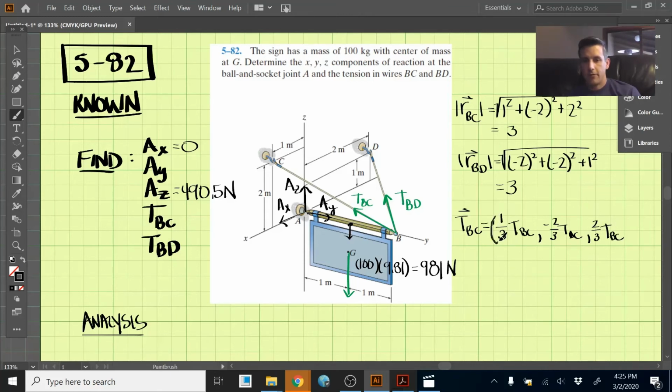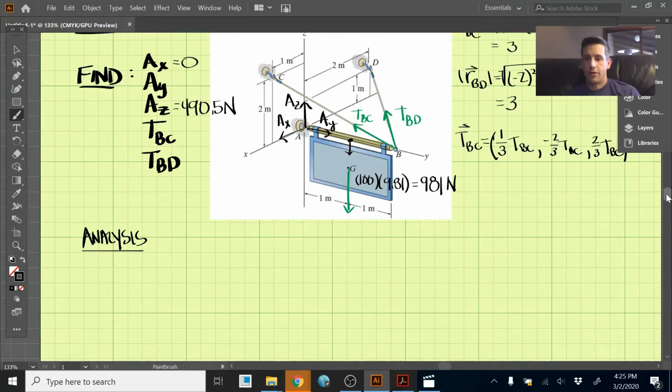Right, so we've transformed TBC into ijk components, and let's do the same for the tension in BD.